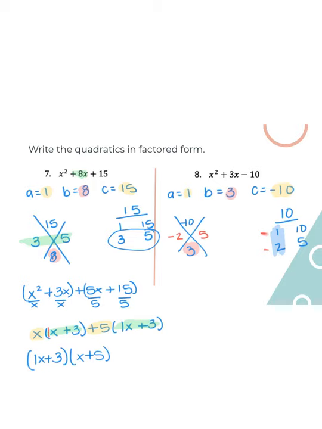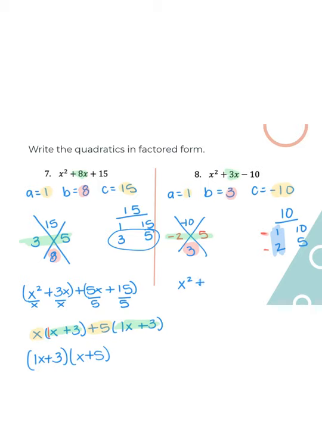Now I'm going to rewrite, and I'm going to replace 3x with that negative 2x and a 5x. I'm going to start at the beginning. And I have x squared, plus, whoops, sorry, not plus because it's a negative 2.